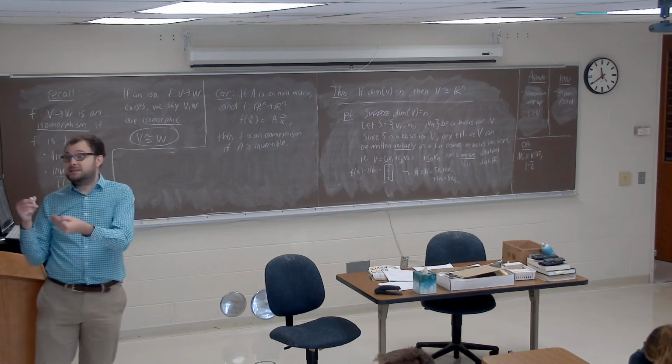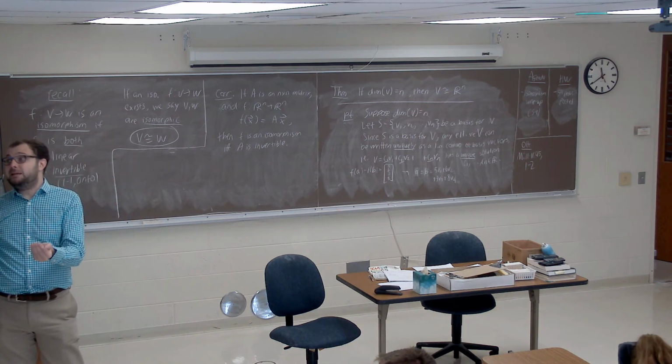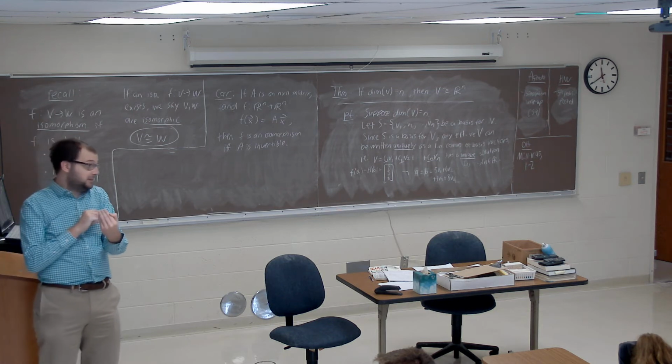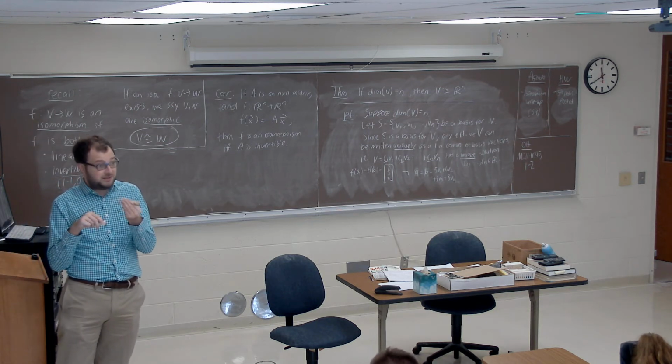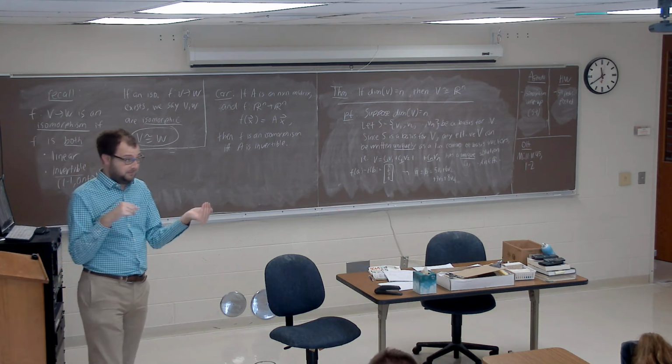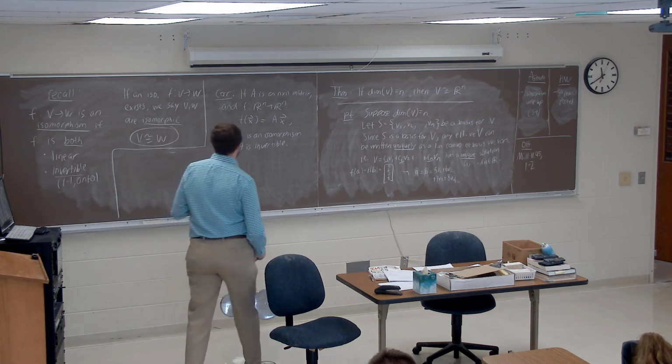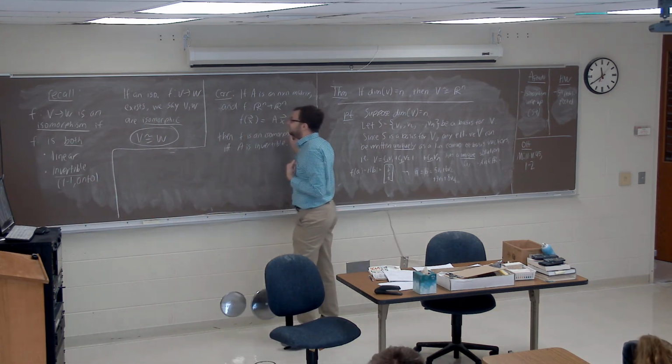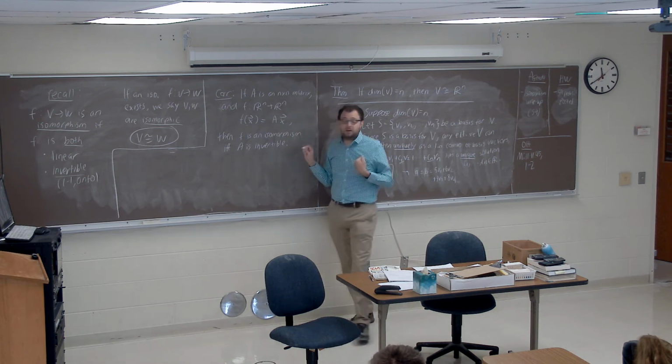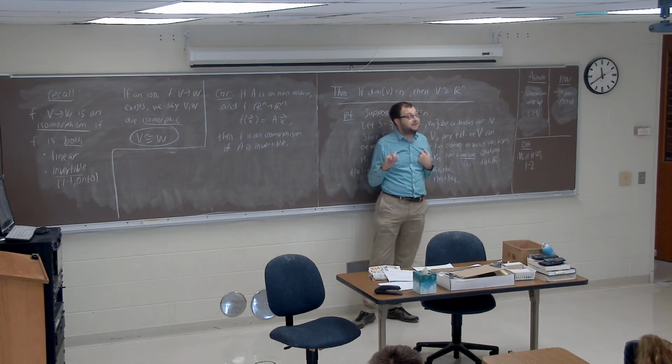According to this theorem, kernel being trivial and image being all of Rn are equivalent conditions to saying that your function is an isomorphism. So if A is invertible, then multiplication by A is 1-to-1 and onto. But if A is not invertible, then it's not going to be both 1-to-1 and onto.